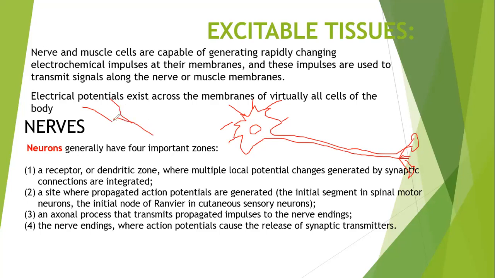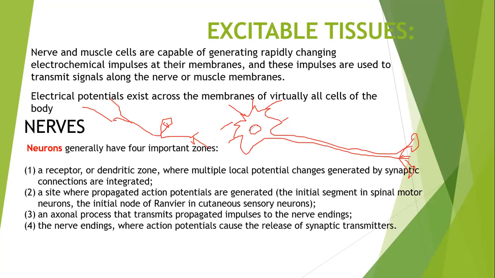But all in all, the cell body is located somewhere, and then they can take the information elsewhere. So this will be the structure of a sensory neuron with a nucleus and cell body between two axons.